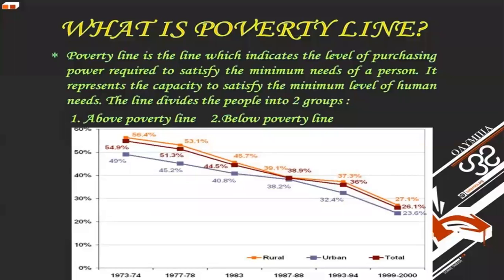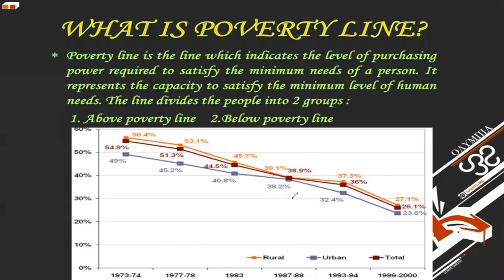You can see that the orange line is for the rural area, the light blue color is for the urban areas, and the total is given here. So they define what percentage of the rural areas, urban areas, and total are below the poverty line.